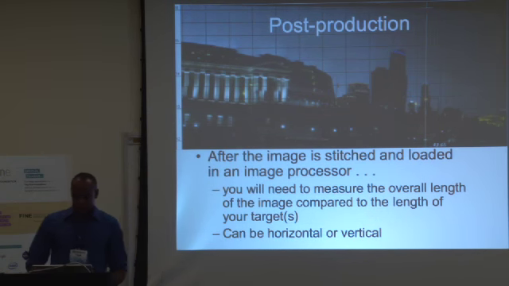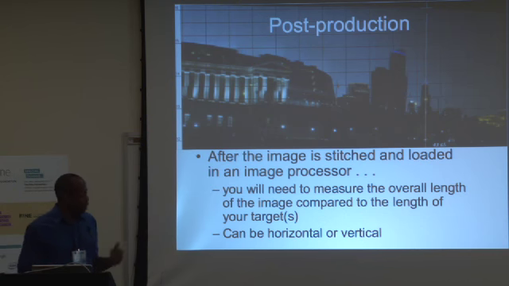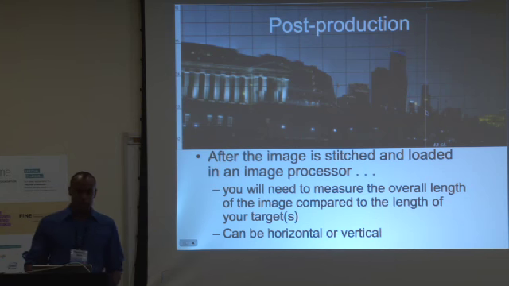Okay, now after the image is stitched and loaded in an image processor of some sort, you will be able to measure the overall length of the image and compare that to the length of a particular target. So in this example here, I have the Sears Tower. Hopefully you can see that. It's over here. The Sears Tower is what I actually want to measure in this image because this wasn't the original target.